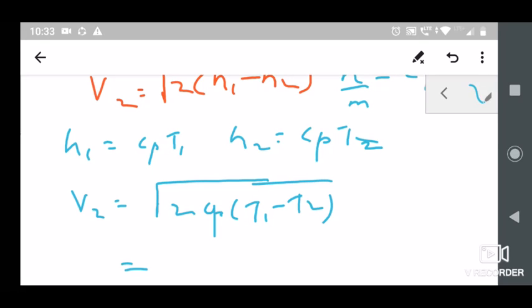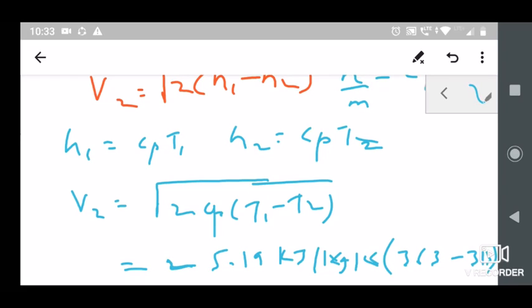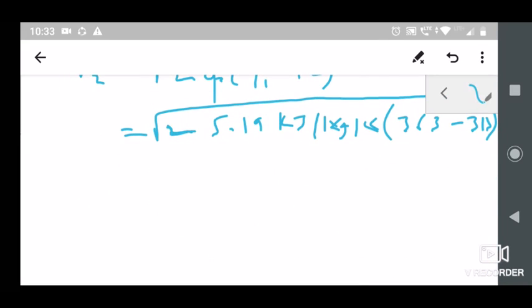The value of Cp is not given in the problem, but for helium gas it is 5.19 kilojoules per kg Kelvin, into T1 minus T2, which is 363 minus 313, all under the root. Here the Kelvin and this Kelvin will be cancelled.